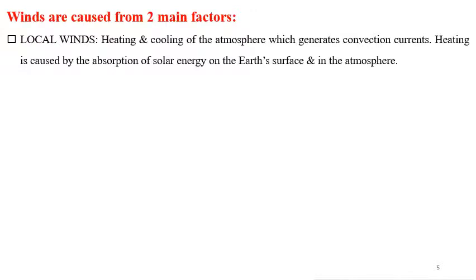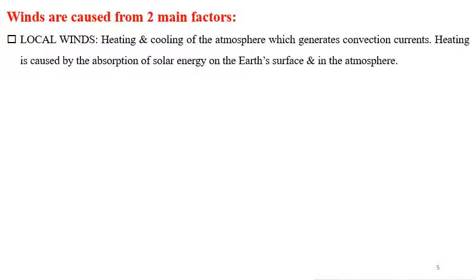So we come to know that wind is a natural phenomenon in the atmosphere, and there are two main factors for the origin of wind. One is local winds.